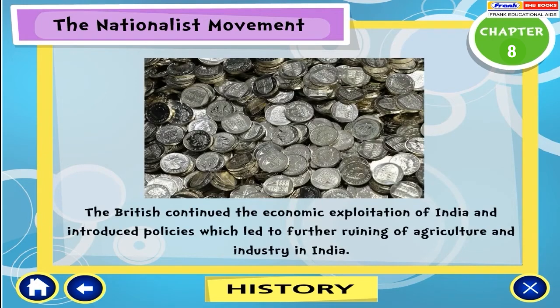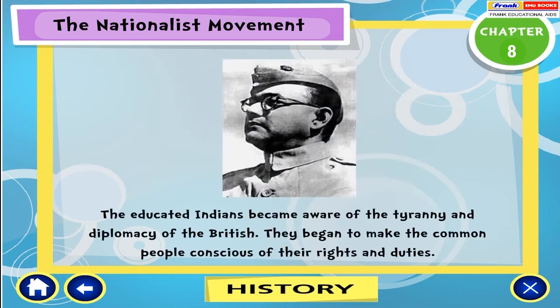The British continued the economic exploitation of India and introduced policies which led to further ruining of agriculture and industry in India. The educated Indians became aware of the tyranny and diplomacy of the British. They began to make the common people conscious of their rights and duties.